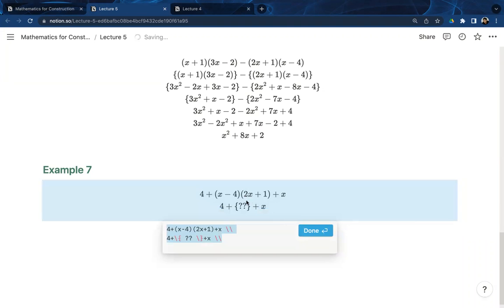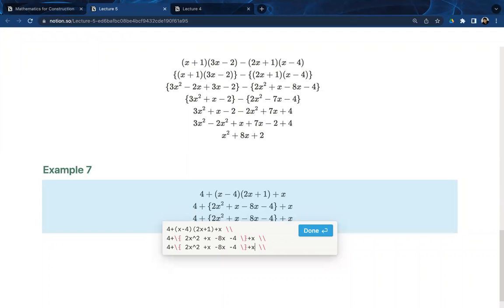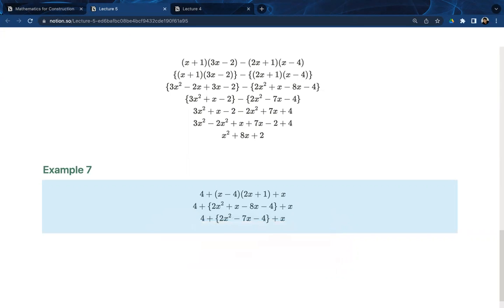So x by 2x, 2x squared. x by 1 is plus x, minus 4 by 2x, and minus 4 by 1. If I rewrite this question over, I could combine the like terms. 1 minus 8 is minus 7.